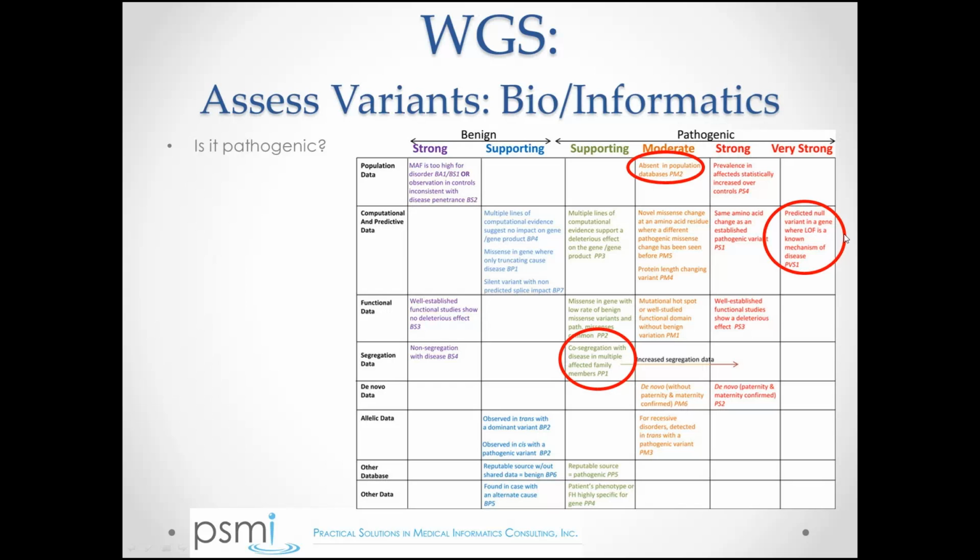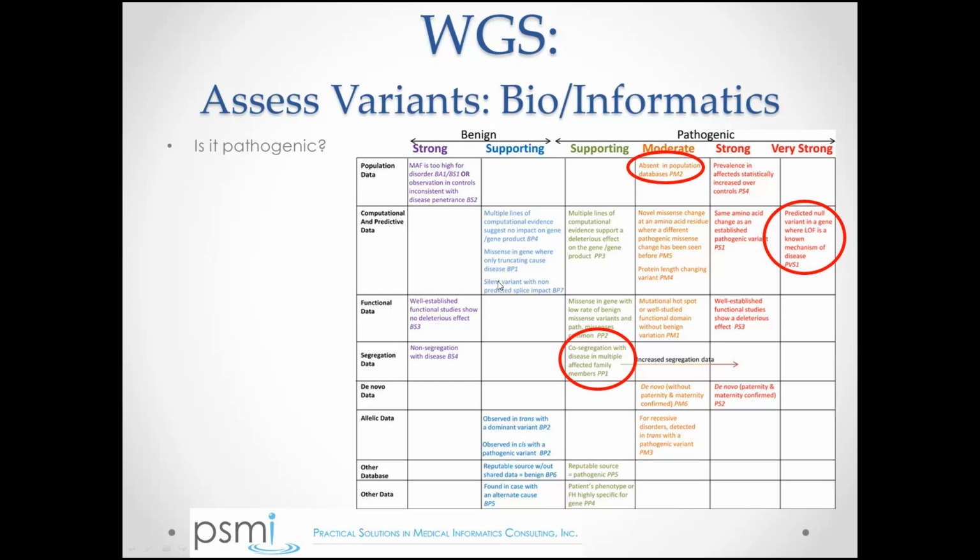And we know that there's other variants in the LDL receptor gene that result in disease. So we know that we're dealing with a gene where loss of function is a known mechanism of disease, and we know that this particular patient has a predicted null variant. So based on the particular mutation we're seeing, we predict that this is pathogenic, and that's very strong evidence for pathogenicity.